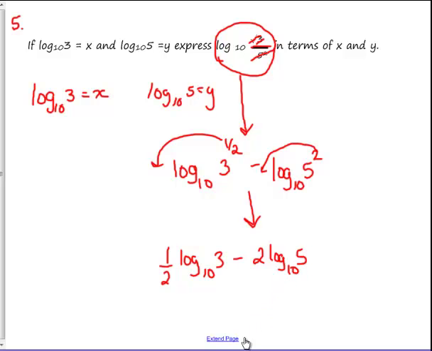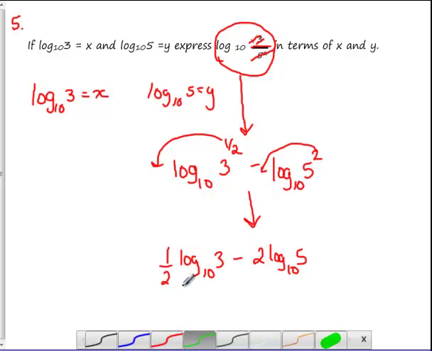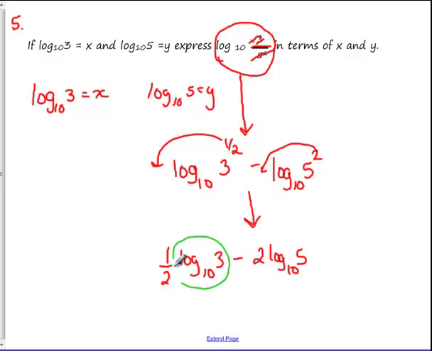Now, you're done. If you don't see it, it's right here. Remember, every time I see the log of 3 in base 10, I may replace it with an x. Look, I have the log of 3 in base 10. I can replace that with an x.